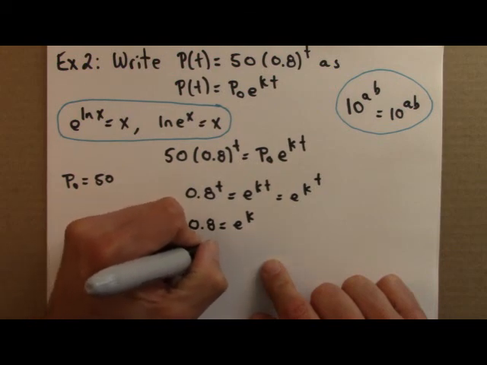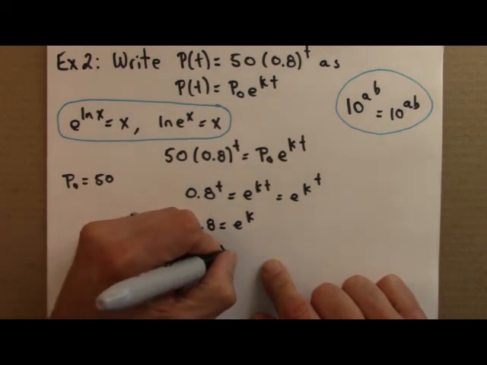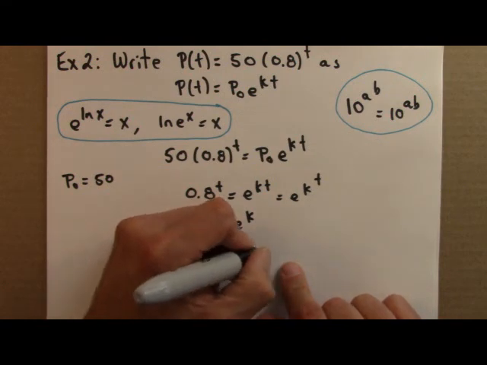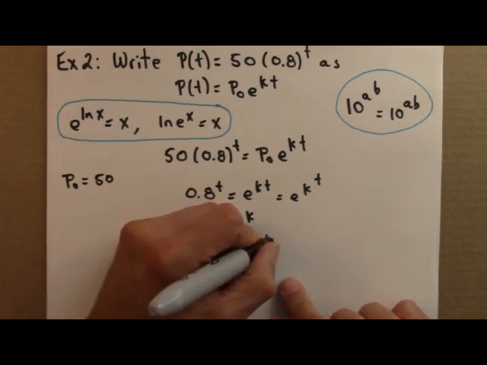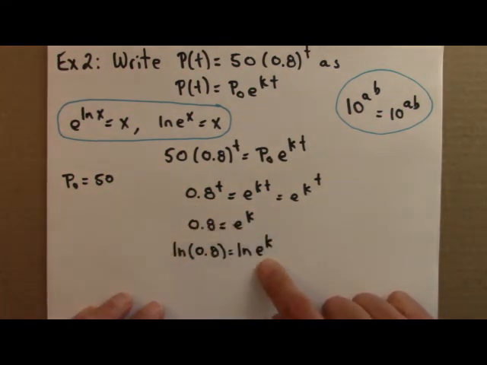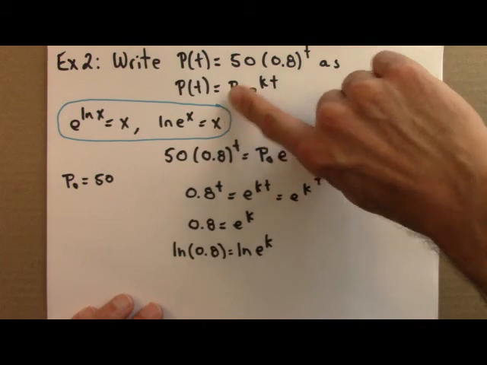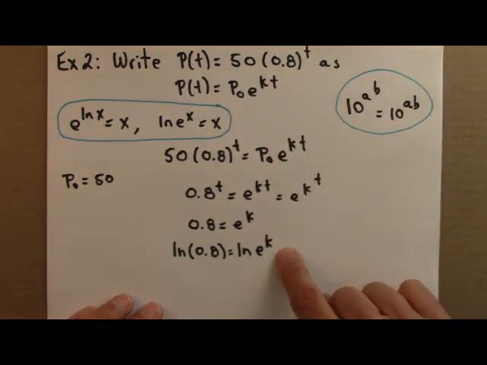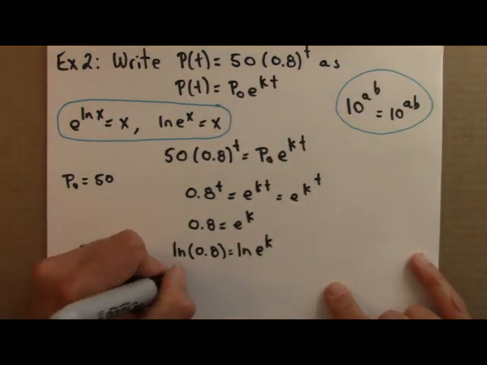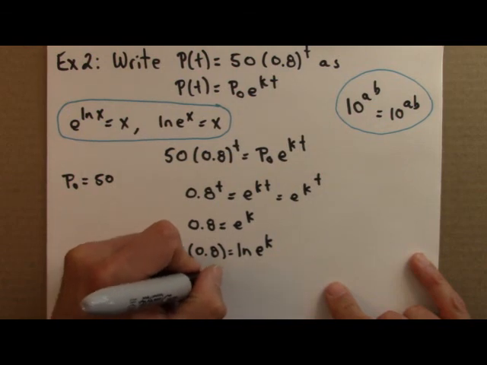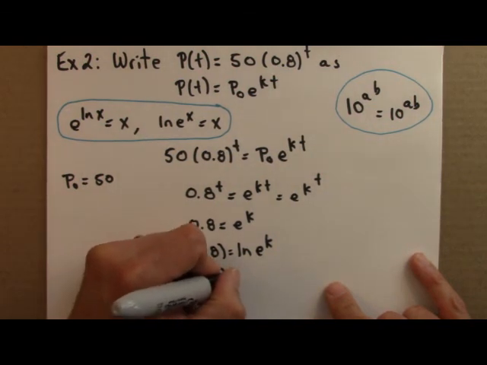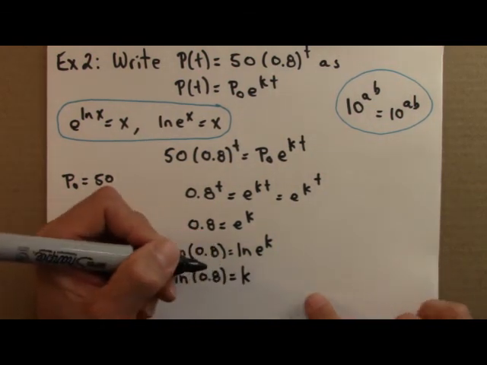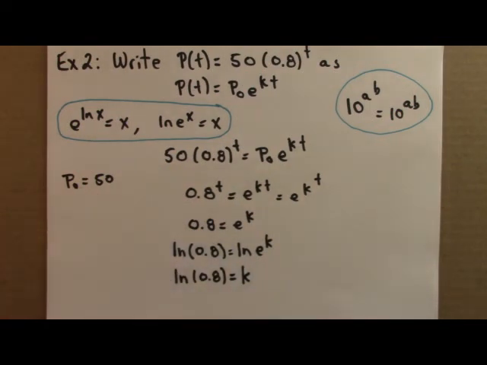The natural log of 0.8 equals the natural log of e to the k. But wait, e and natural logging, those undo each other. They're inverses of each other. That's what this property is here. So the right-hand side is just k. So we're done. We get to declare victory. So k is the natural log of 0.8.